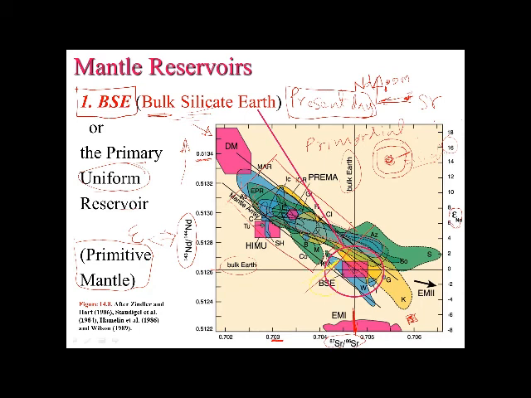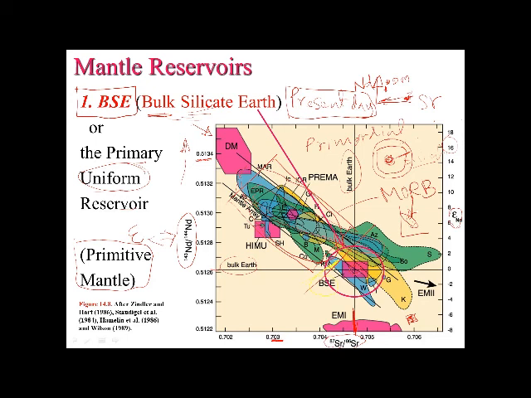It's not marked there, but if you take this region, it's not a square, it's something like an ellipse. So this is the MORB composition.